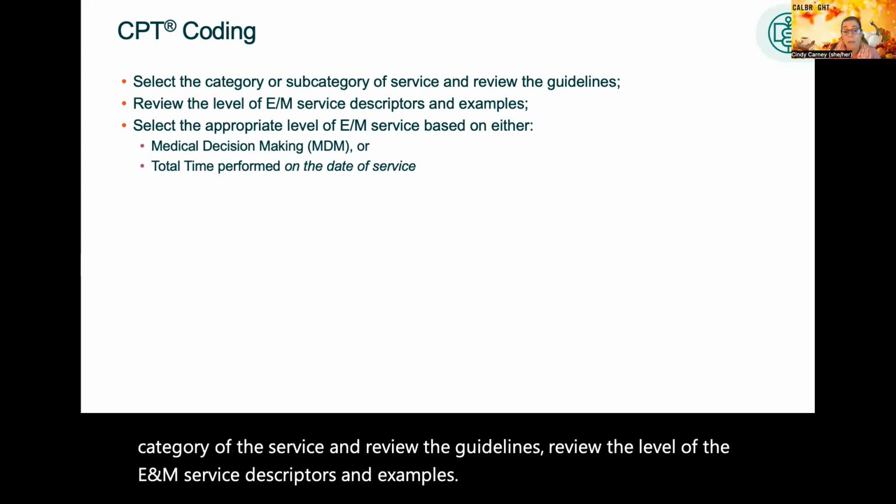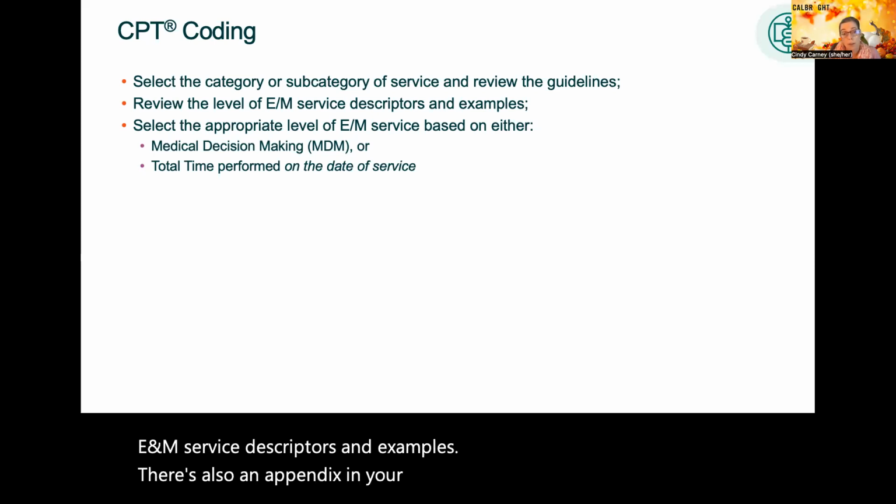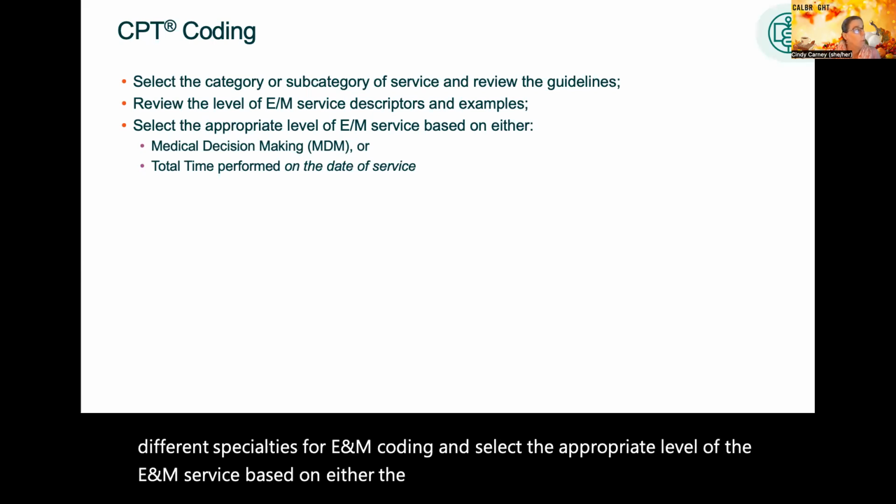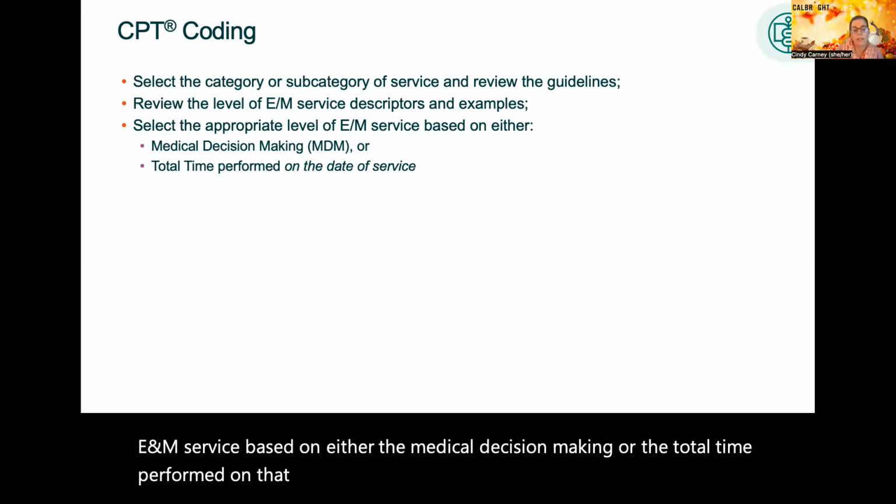There's also an appendix in your CPT book that has different examples of different specialties for E&M coding. And select the appropriate level of the E&M service based on either the medical decision-making or the total time performed on that date of service.